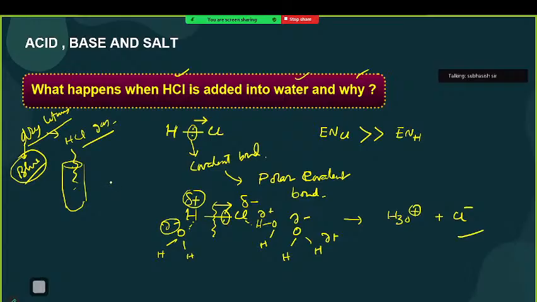So HCl gas is not acidic in nature; HCl shows its acidic property only when dissolved in water, because when HCl dissolves in water, it produces H3O plus and Cl minus. That's why it then shows acidic character.